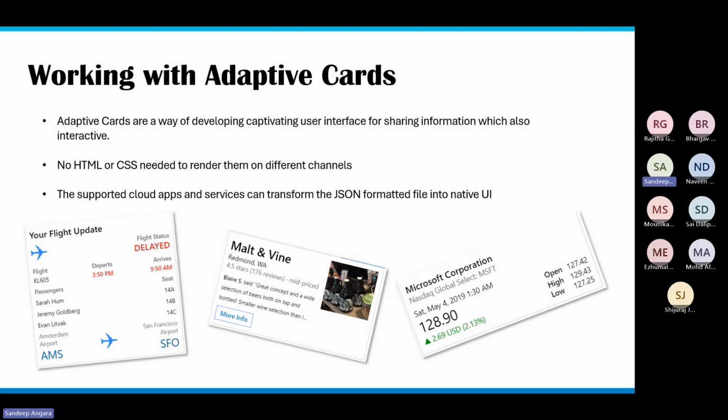These are JSON formatted strings or JSON formatted files, which are adopted by different hosts. Microsoft adaptive cards are supported by hosts like Teams, Outlook, and a couple of other channels or mediums currently.